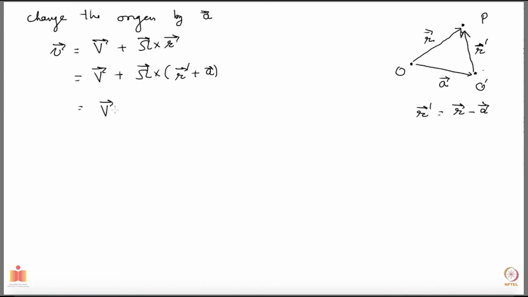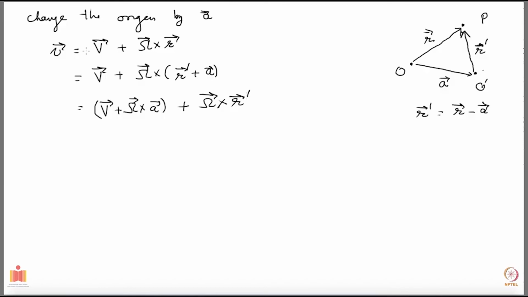Now I write this as V plus omega cross A. Now A is a constant, remember. So I'm clubbing that piece with V, and then I have the piece which has omega cross R prime form.